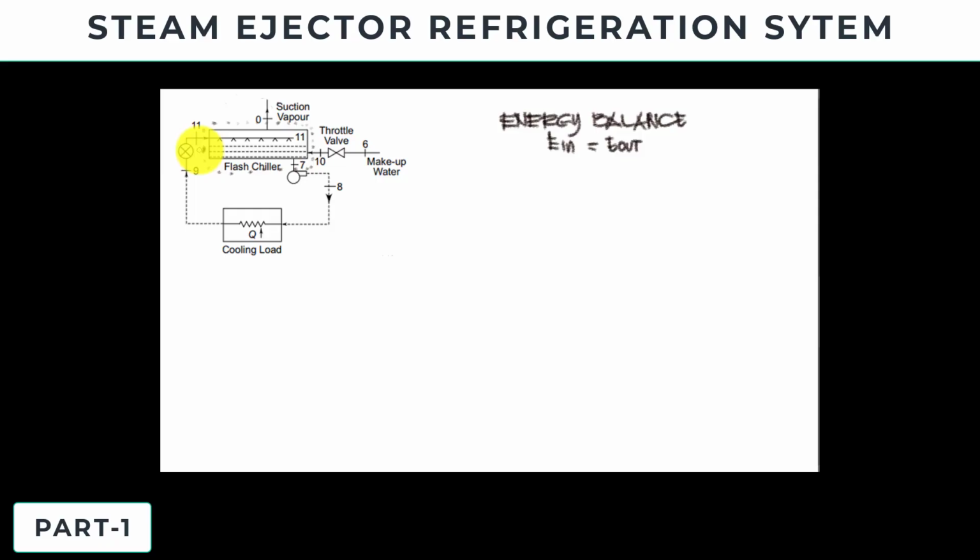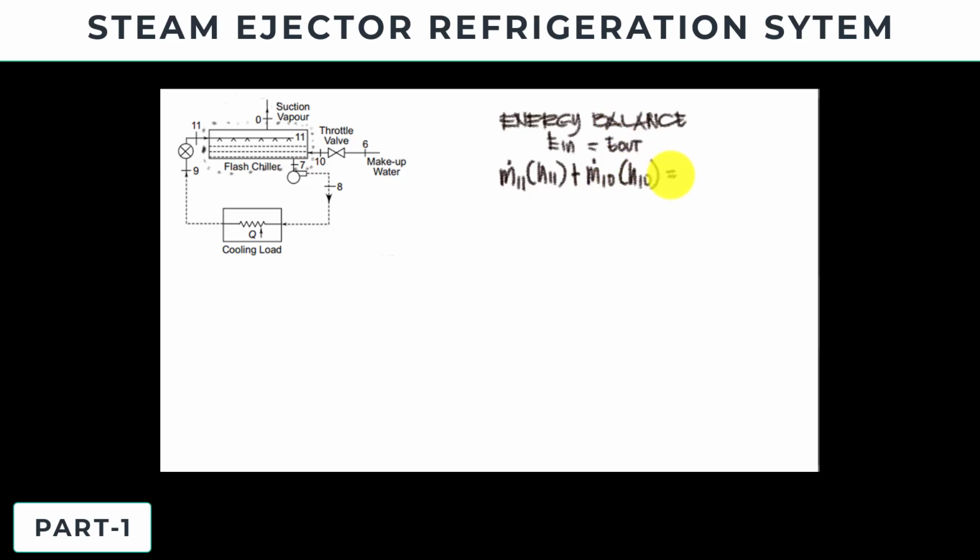What is entering: we have the mass flow rate 11, multiplied by the properties of point 11, so that will be multiplied by the enthalpy 11. And then we also have point 10, so that will be the mass flow rate 10 times the enthalpy 10.